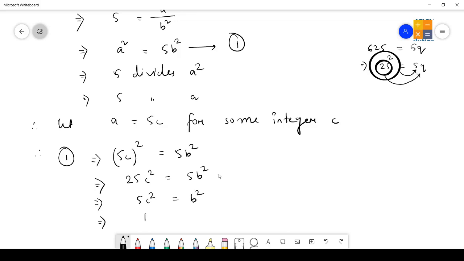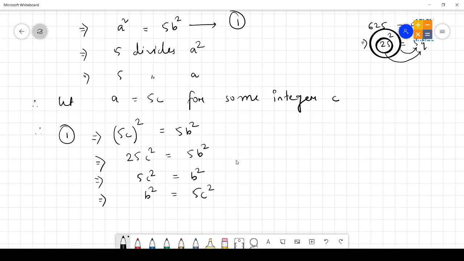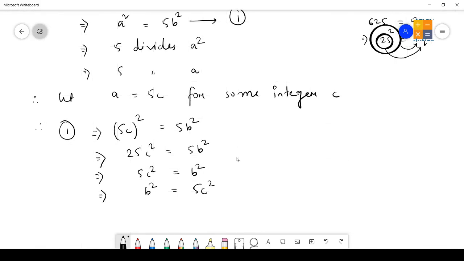This means what? B square is expressible as 5c square. This further means what? B square is expressed as multiple of 5. Therefore, 5 divides B square.